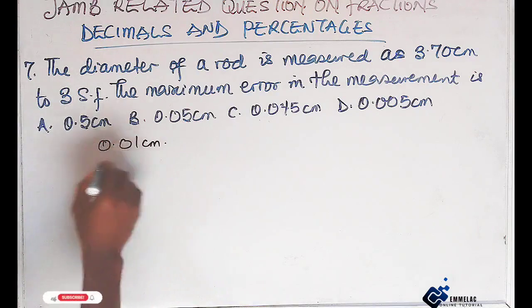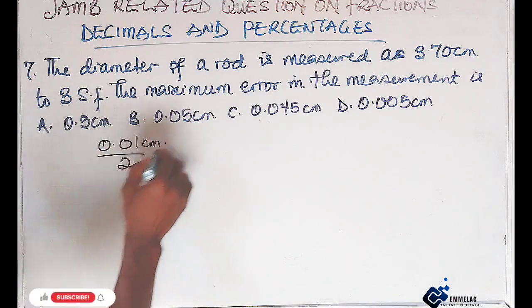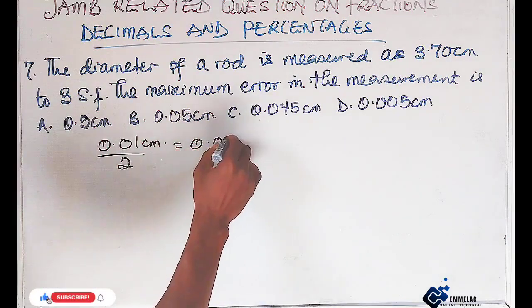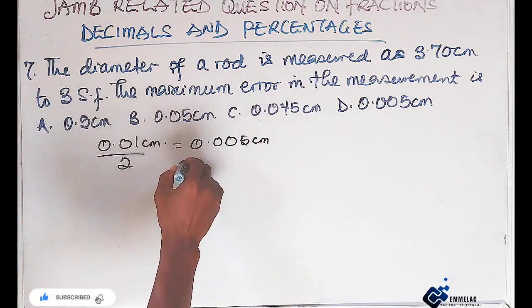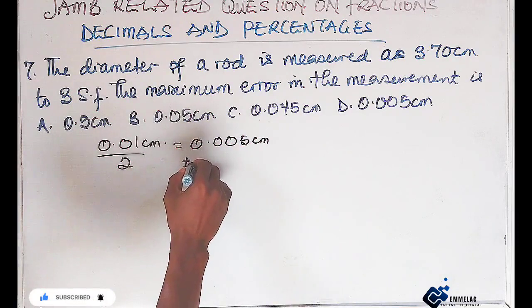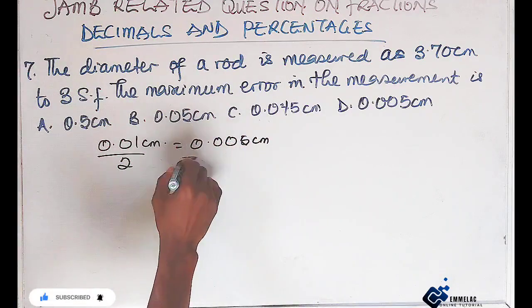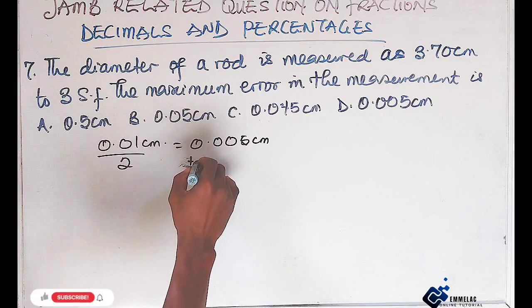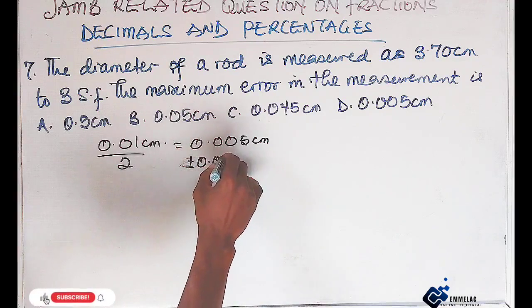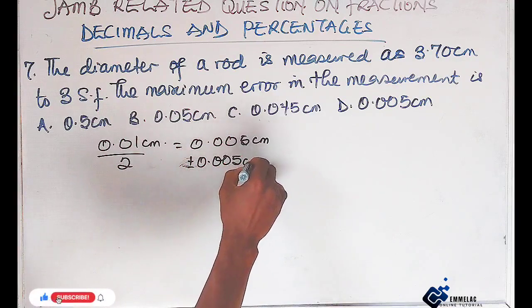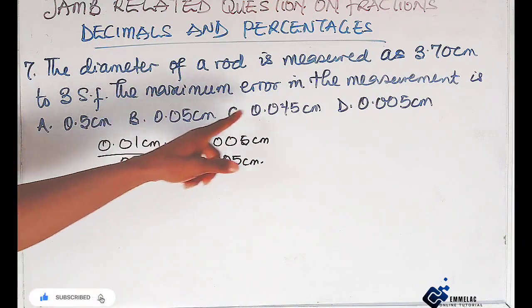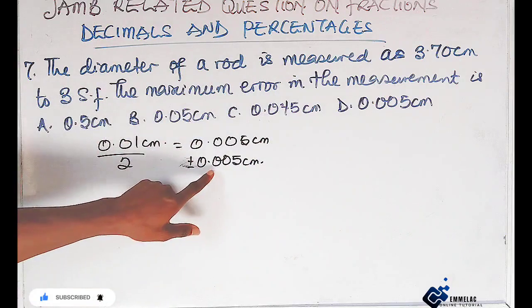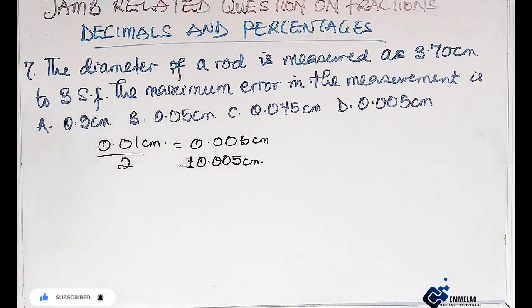Dividing this by 2 will give us 0.005 centimeter, which implies that here you have plus or minus 0.005 centimeter. So the maximum error in measurement is 0.05 centimeter, which is option D.